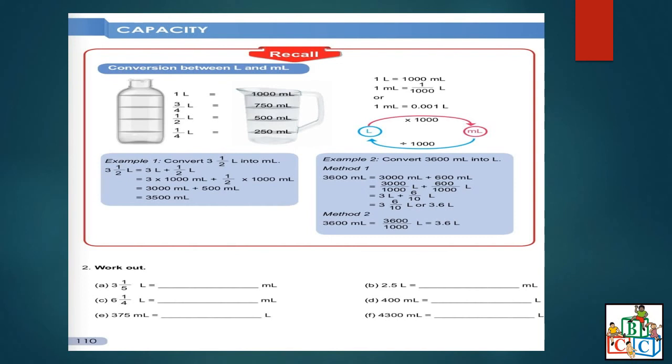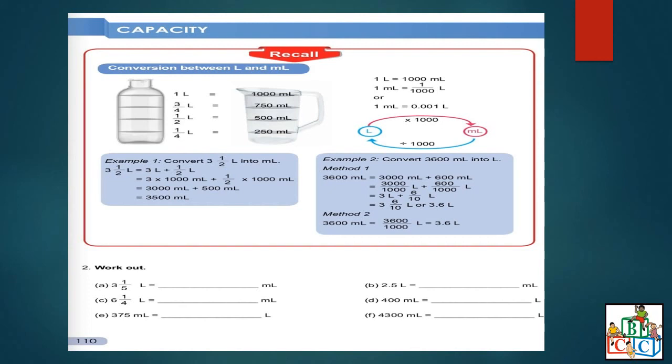For the first method, you already know 3600 milliliters, so you already know you have 3000 ml plus 600 ml. So 3000 ml is equal to 3000 divided by 1000, and 600 divided by 1000.